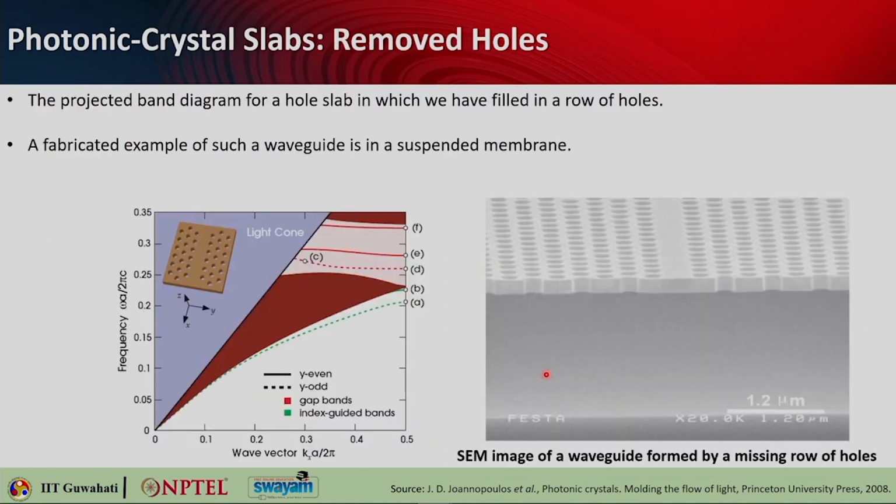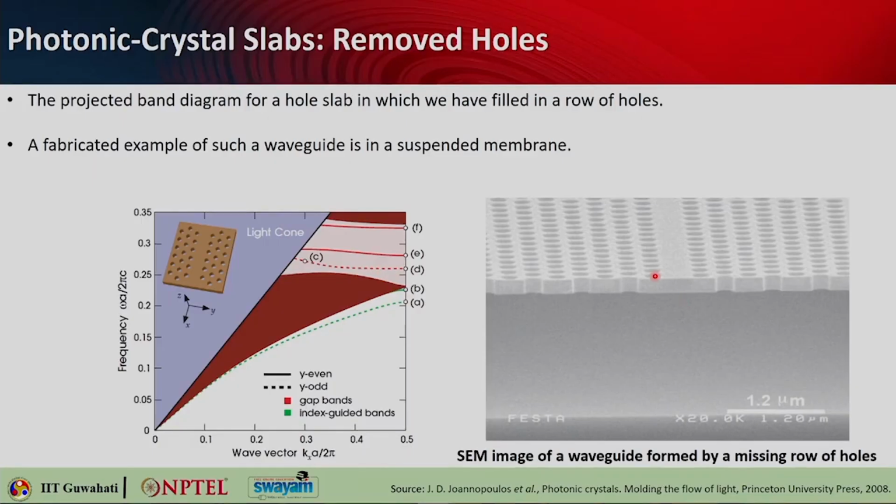You can also have photonic crystal slabs where you take a hole slab and remove a particular row of holes. That can be another defect. Here you can see such an example. This is a beautiful slab of holes, and this particular line of holes has been removed.